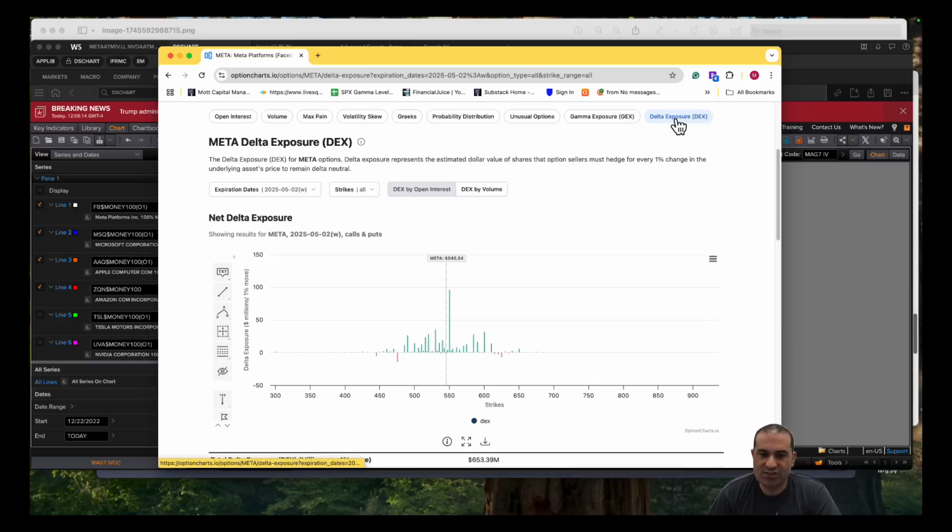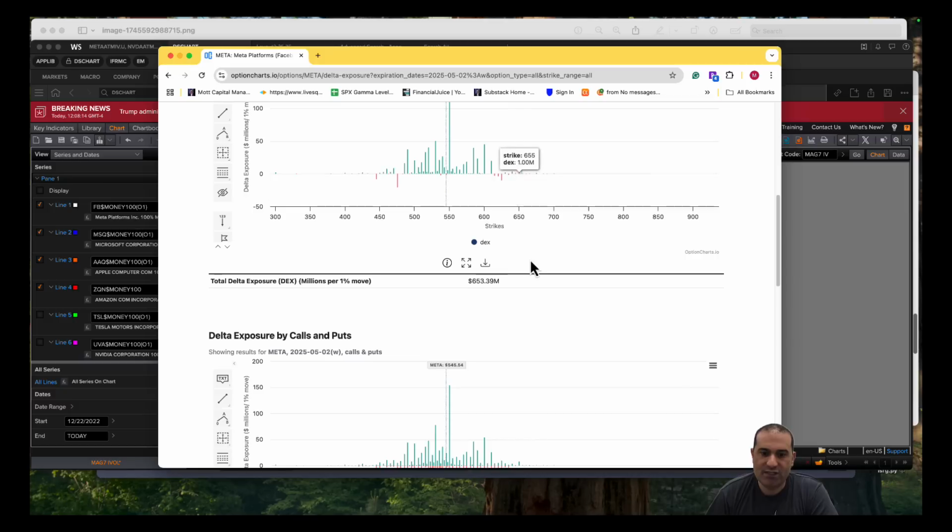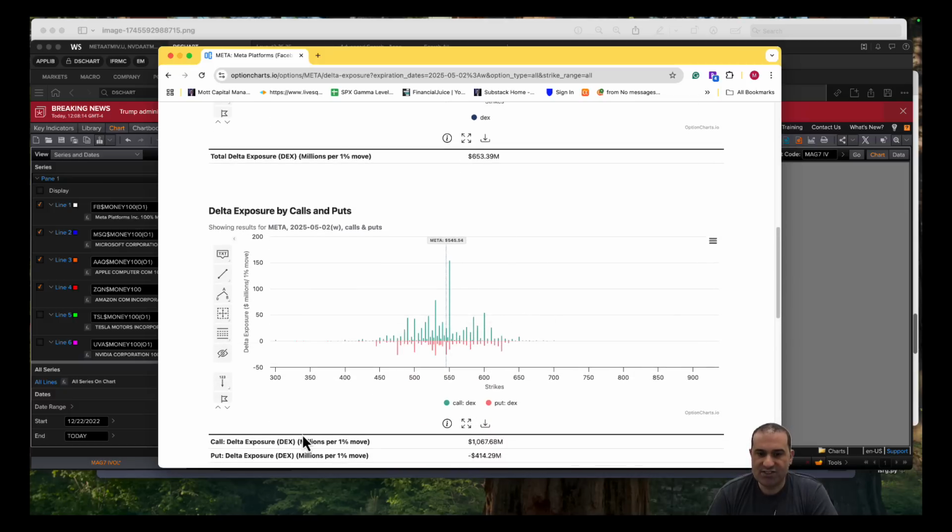The one problem is that deltas are very high at 550. And so what happens is, right now at 550 and all these green bars, once implied volatility goes down, market makers are hedged right now against these long call positions in Meta, which are creating the positive deltas. What that means is that market makers are short deltas, and so they hedge themselves by buying deltas.